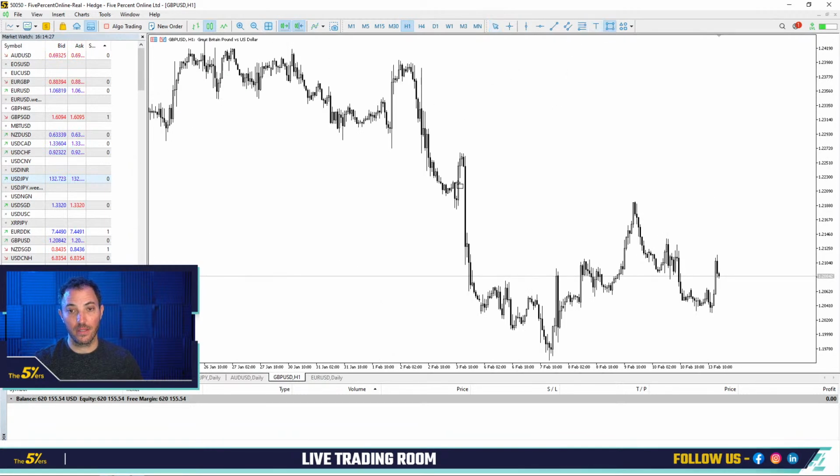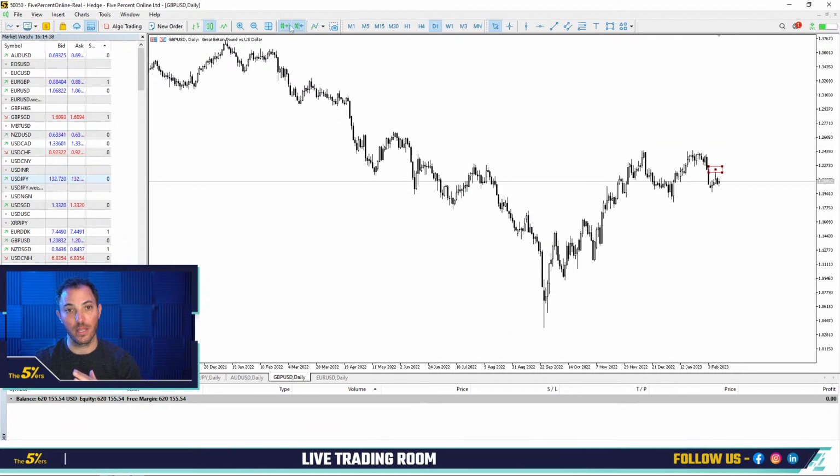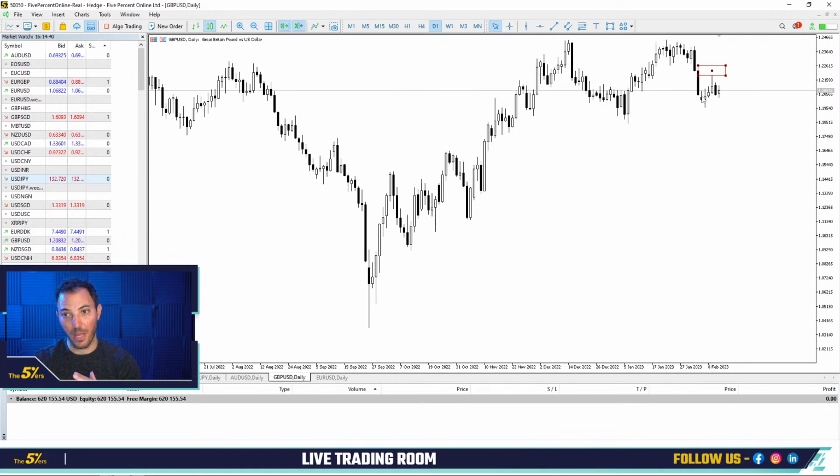We have different supply areas being formed. When the price approached that area, we said that as we create pullbacks to those supply areas, I will try to short the market again.